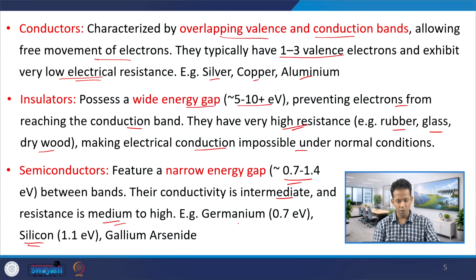So silicon, germanium, gallium arsenide. These are the semiconductors which have a narrow energy gap in the range of 0.7 to 1.4, and it is this kind of material which is often used for manufacturing solar cells or PV cells.